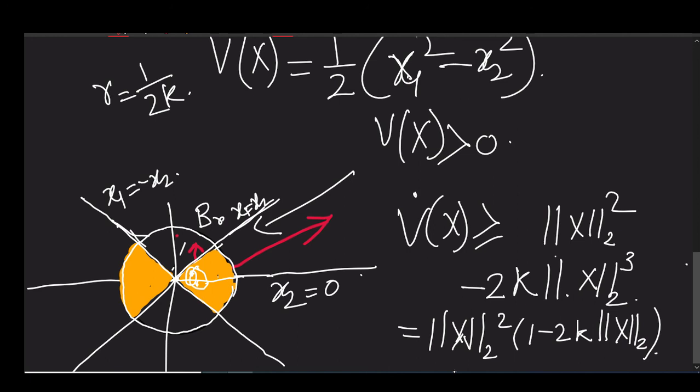For R equal to 1 by 2k, or R less than 1 by 2k, your origin will become unstable. So this is all about Chetaev's instability theorem.